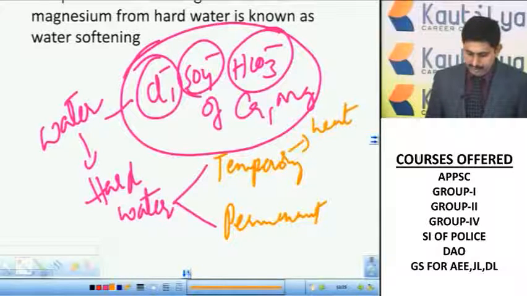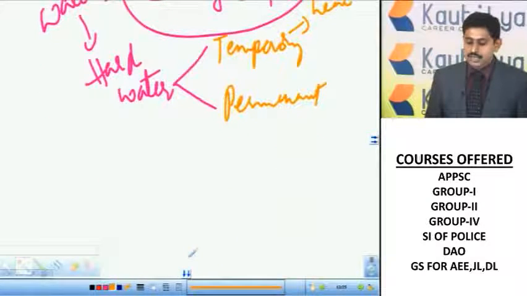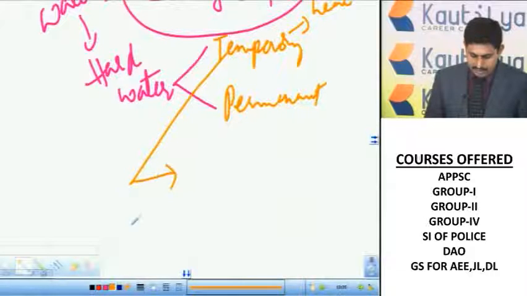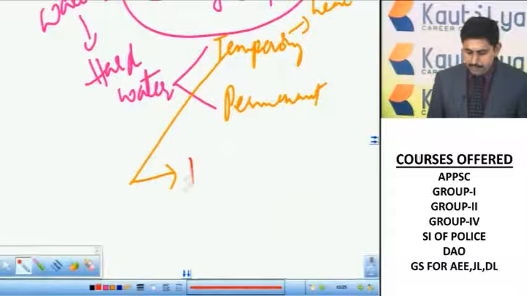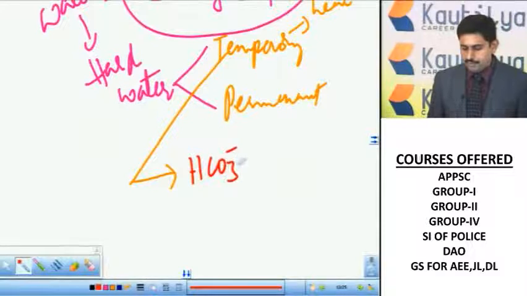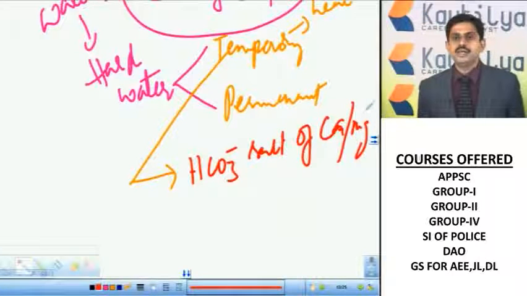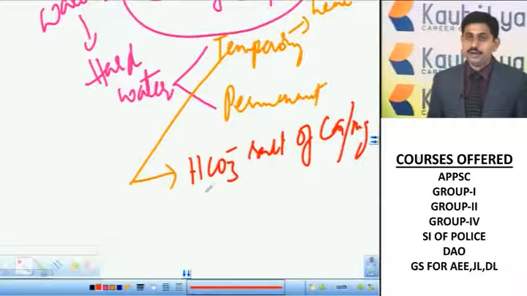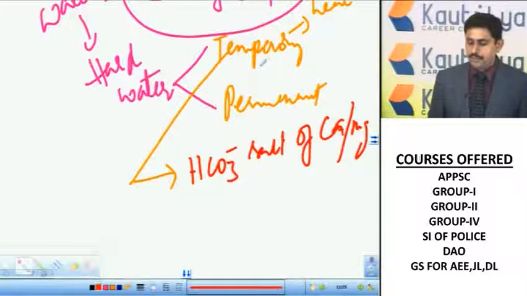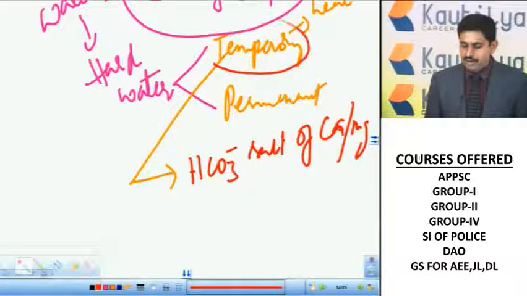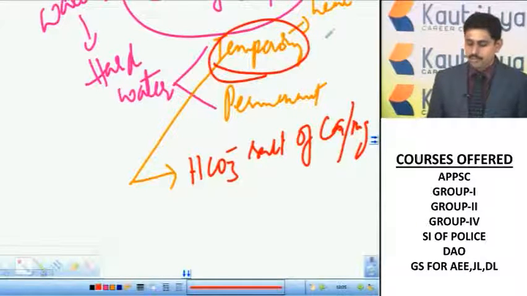Temporary hard water consists of only bicarbonate salts of calcium and magnesium, maybe calcium bicarbonate or magnesium bicarbonate. If the given water consists of calcium bicarbonate or magnesium bicarbonate, then it is called temporary hard water. This temporary hardness can be removed by simple heating or boiling of water.